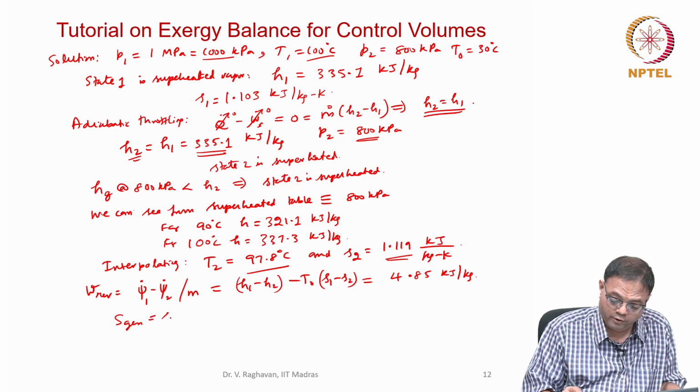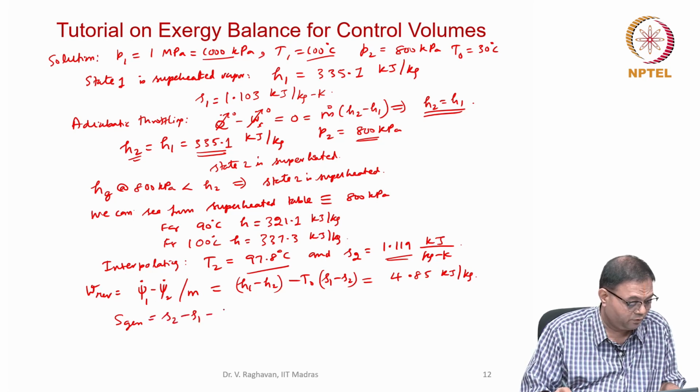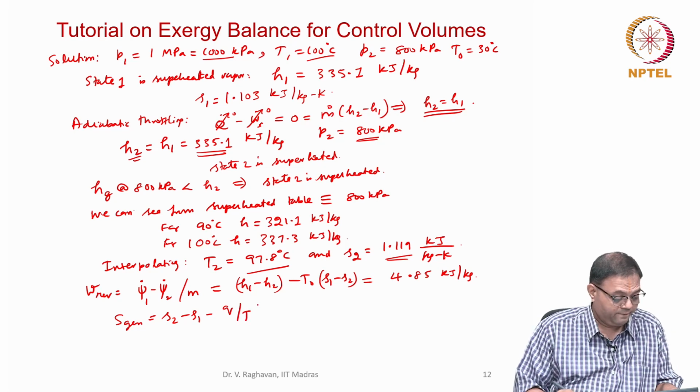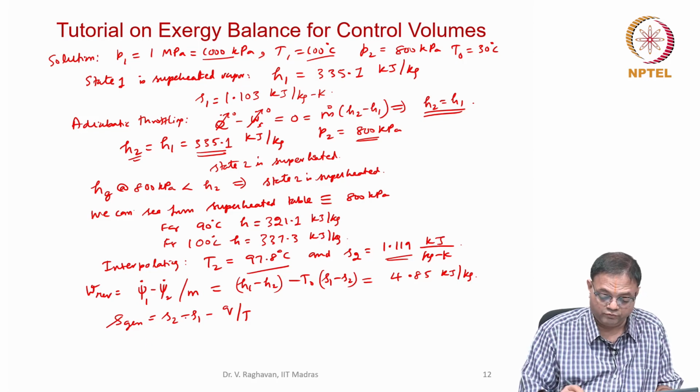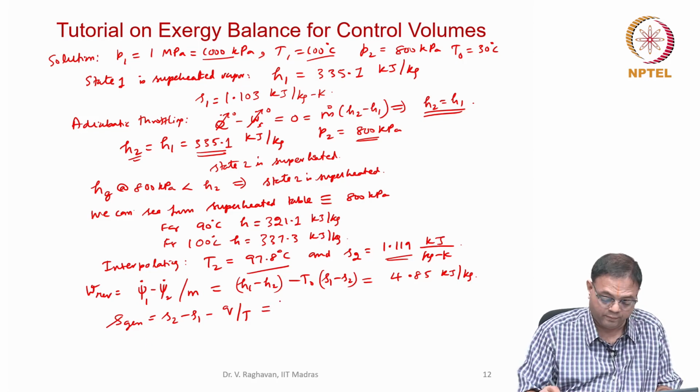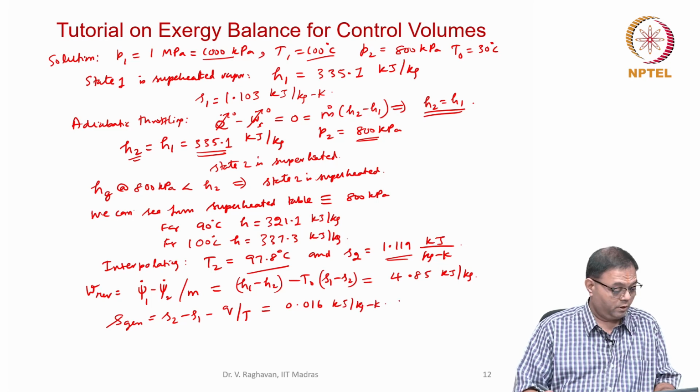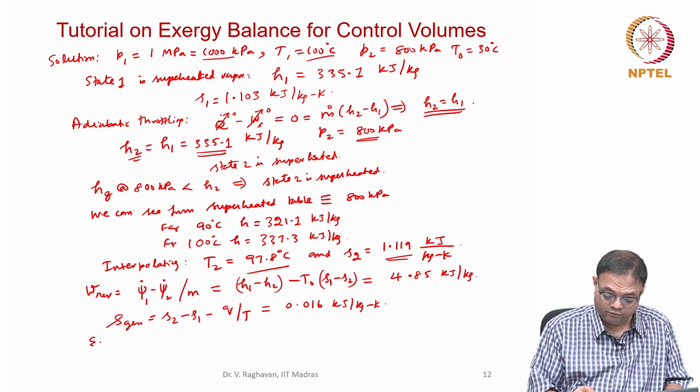Now Sgen equal to S2 minus S1 minus Q by T. This is again small s_gen, the specific entropy generation, that will be equal to 0.016 kilojoule per kg Kelvin. Now, what is exergy destroyed?